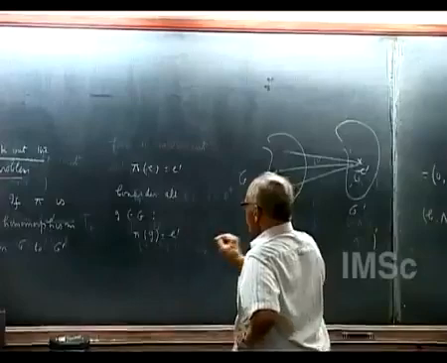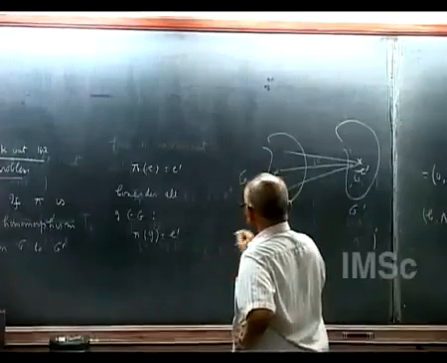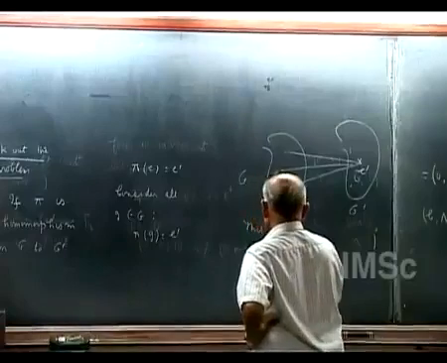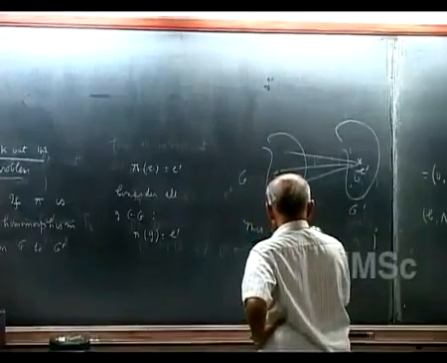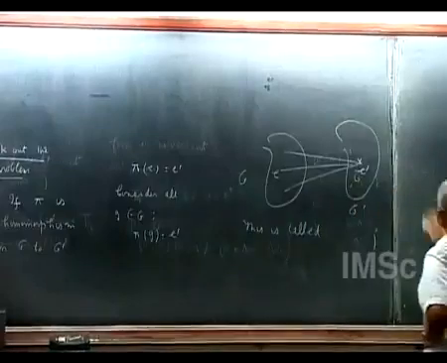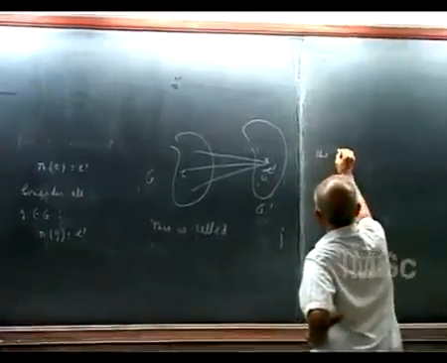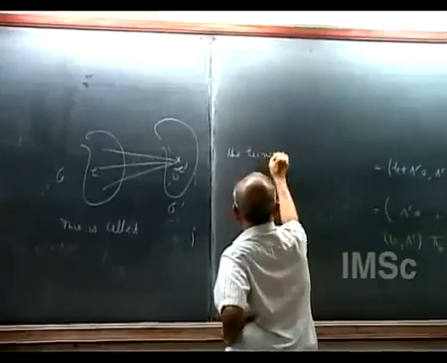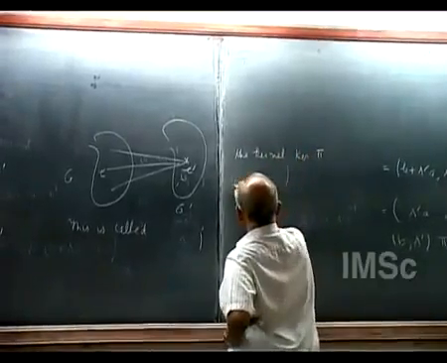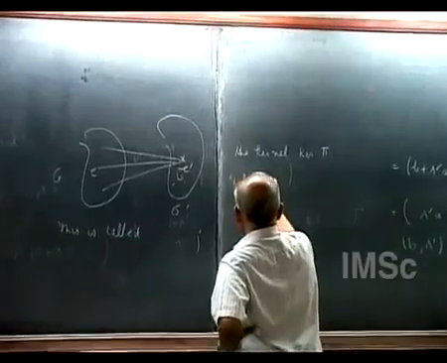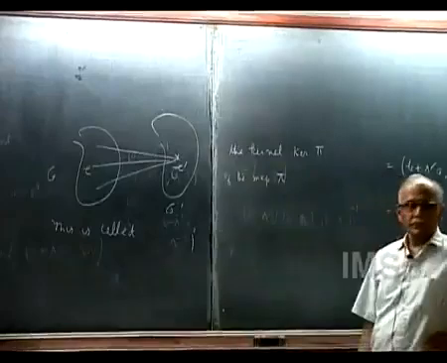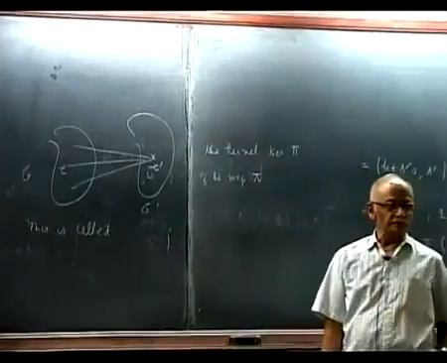So, this is called the kernel, ker pi, for the map pi. So, all the things which go to identity.